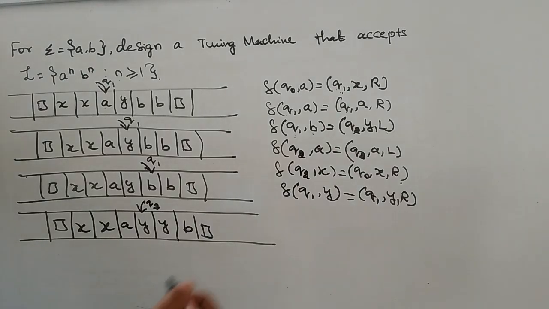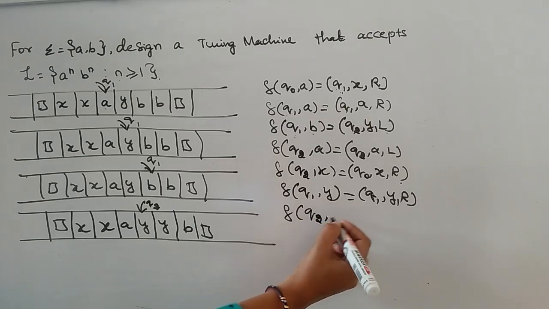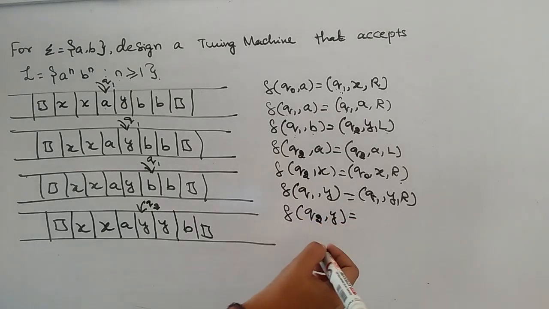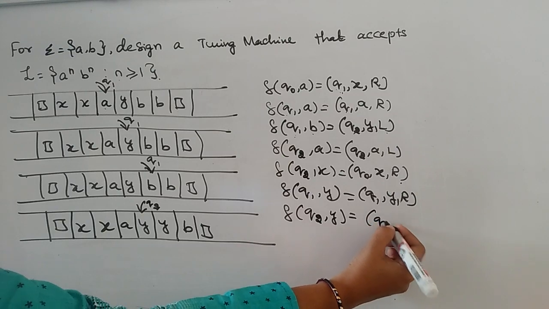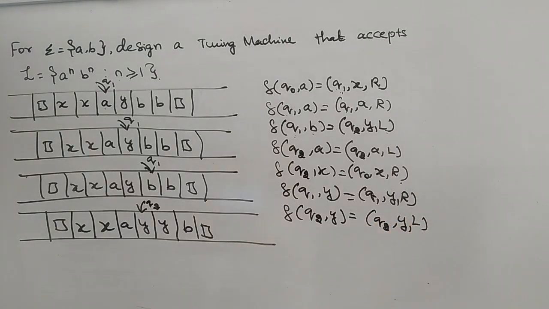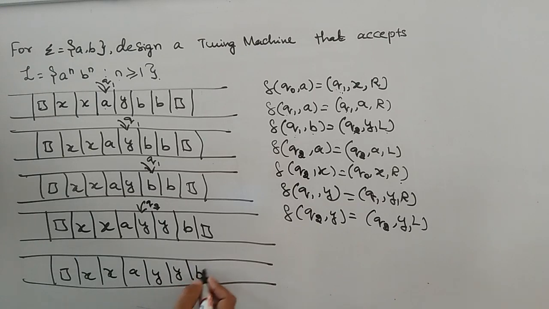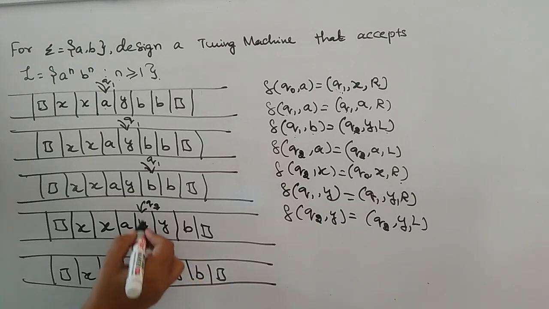That's why what we are going to write here is delta of q2 comma y is equal to q2 comma y comma l. Okay, so we will write x, x, a, y, y, b, blank.